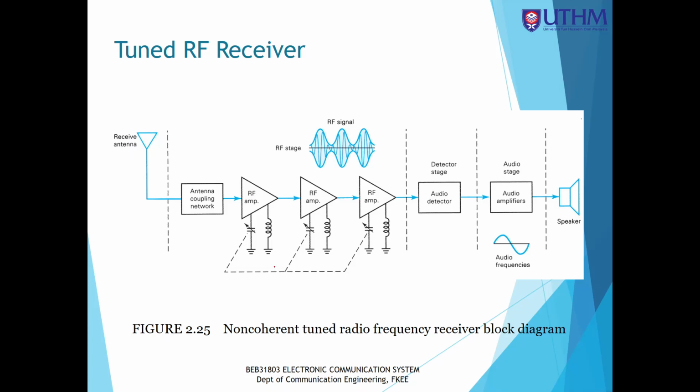You see the dotted line here, and this is also part of the tune circuit, which tunes to the same frequency. So this is what we call the RF section, where the tune circuit is within this RF section. This is the tune circuit and also the amplifier together.